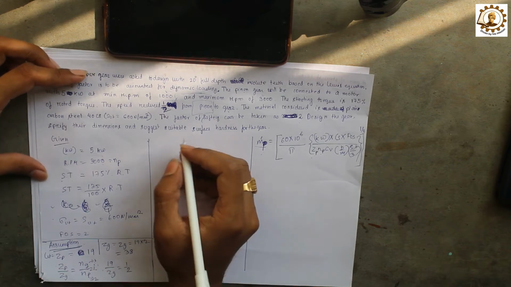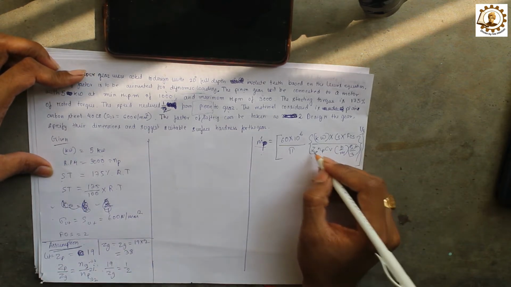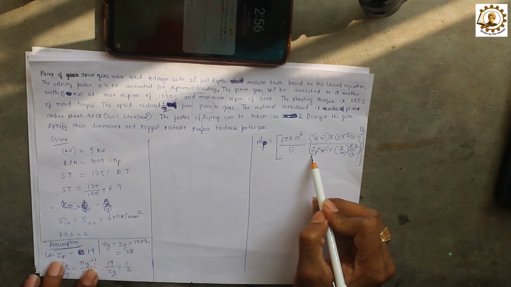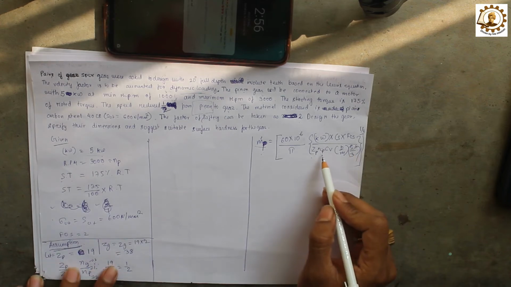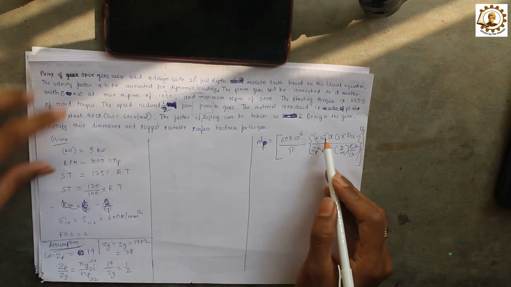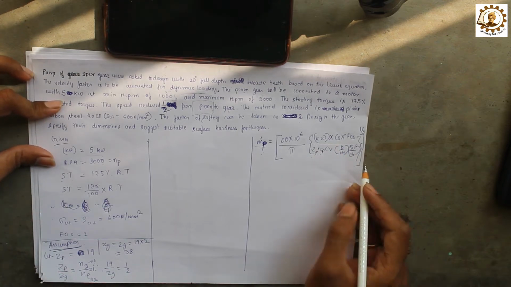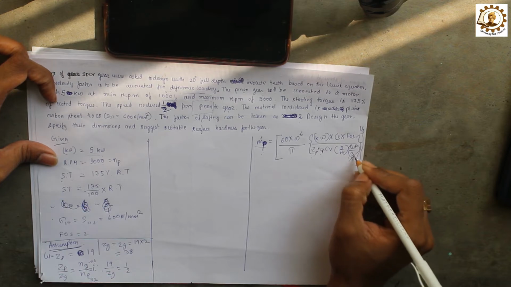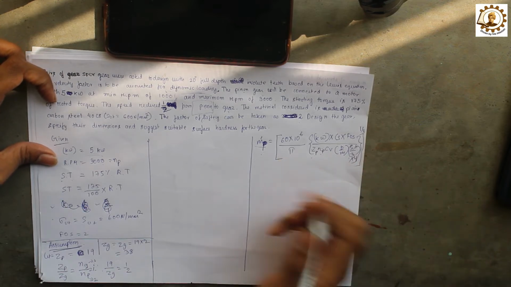Now next I need to find out. I know this one, that is I know the Z_P, the number of teeth for the pinion. I know N_P, I know the kilowatt, and I missed one thing, it will be into y. Okay, this is a small place, that's why I can't write.